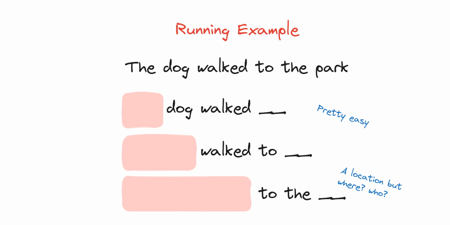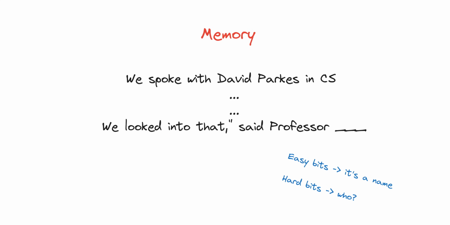We don't know who is going or what the verb was, and that information can really help us get some of the harder bits in this prediction problem. One famous type of language modeling problem are examples where there is a proper noun that is going to fill a slot, but that proper noun was mentioned much earlier in the document.